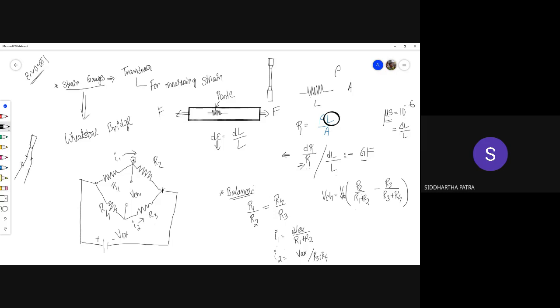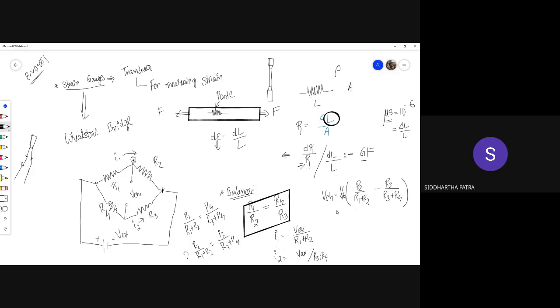Okay, now if the system is balanced, this should tell you that R1 divided by R1 plus R2 equals R4 divided by R3 plus R4, and later you can write it to be R2 divided by R1 plus R2 equals R3 divided by R3 plus R4.